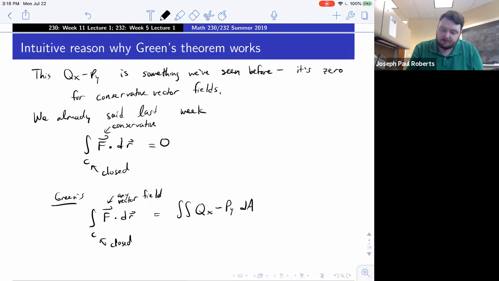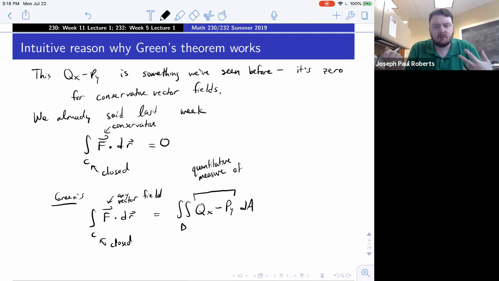That, and this will make a little more sense later on today when we talk about something in the next section, but basically you want to think of Qx minus Py as a quantitative measure of, I guess, how far off your vector field is from being conservative.